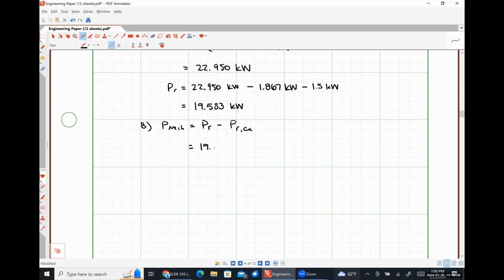That's going to be 19.583 kilowatts minus 0.65 kilowatts. Comes out to be 18.993 kilowatts.